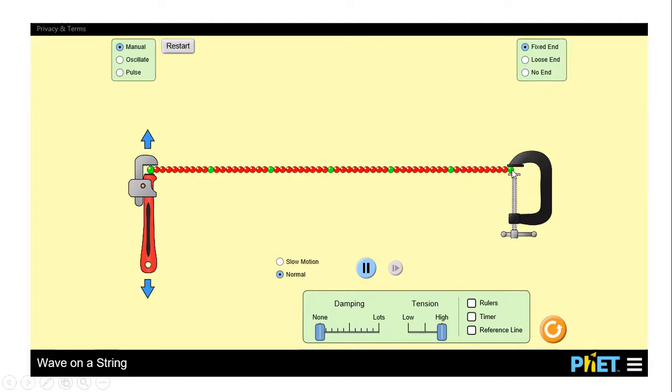And this point we said is fixed. So if a crest reaches this point, it will give an upward thrust, but as the point is fixed, it will give a downward thrust. So if a crest reaches here, it will create a trough, and if a trough reaches here, it will create a crest.